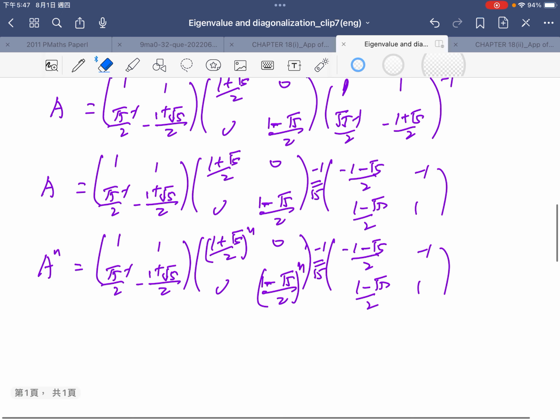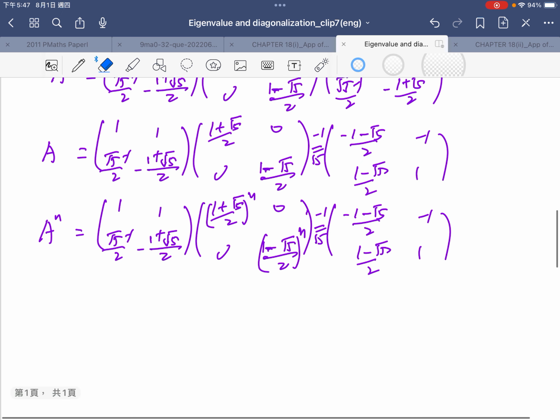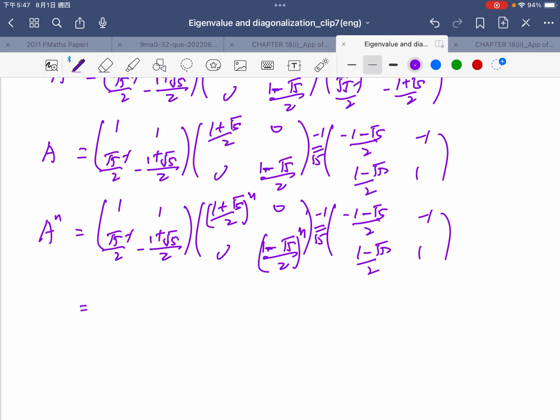Okay, so nice. And then I multiply this form step by step. For the first one, which is equal to 1 plus root 2 over 2 to the power n. The second one is 1 minus root 2 over 2 to the power n.